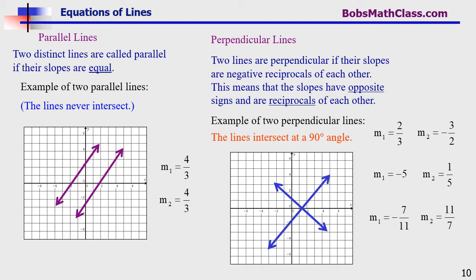The next example is -5 and 1/5. -5 has a denominator of 1, so that would be 1/5 if you flip it. And then -7/11, if one of the slopes is -7/11, the other one is +7/11.